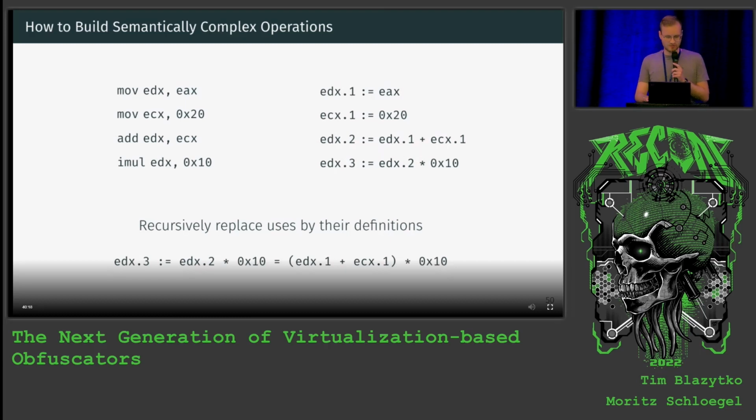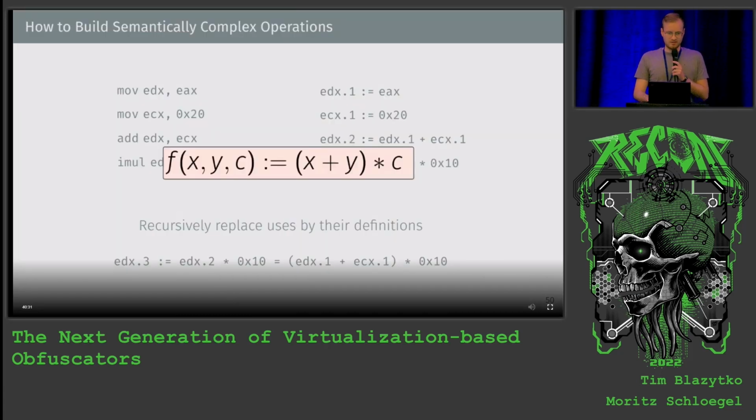So by this first lookup, we extended here from having one operation to two, making it more complex. And you could go on like that, but we won't do that here. In our mathematical function representation, we can handle it like that. So that's x plus y multiplied with c.